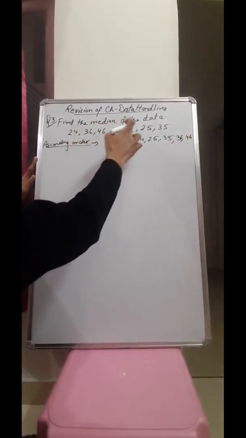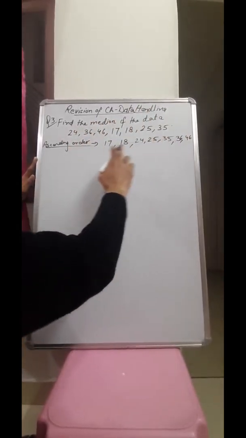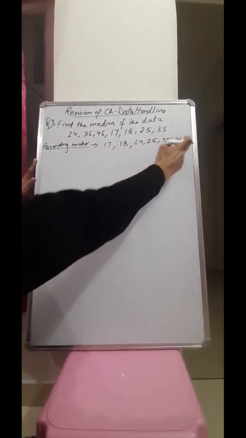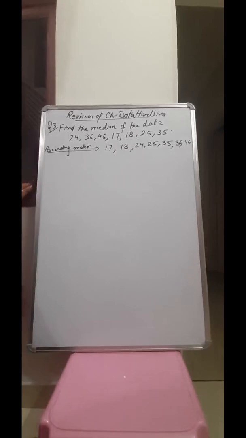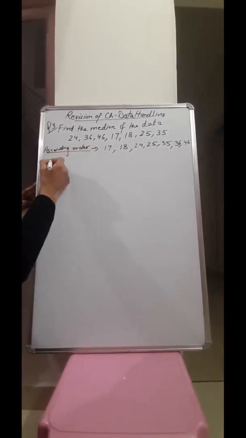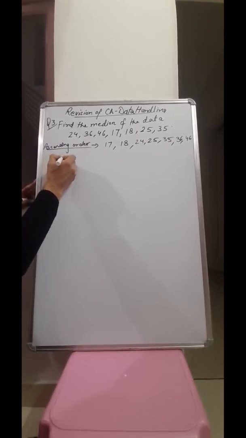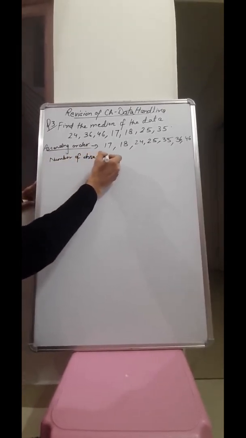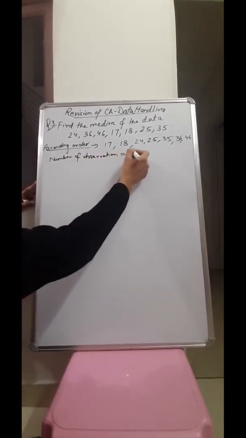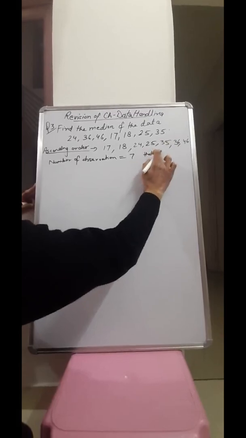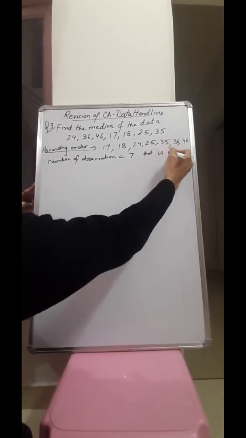1 2 3 4 5 6 7. So how many numbers have we arranged? 1 2 3 4 5 6 7. So this is your ascending order. Now we can see that the number of observations is 7, that is an odd number.